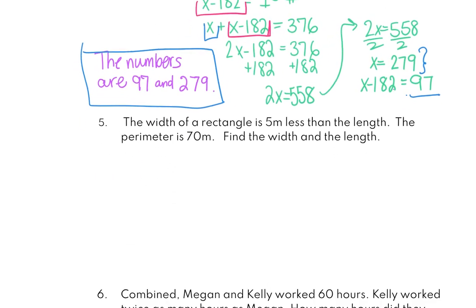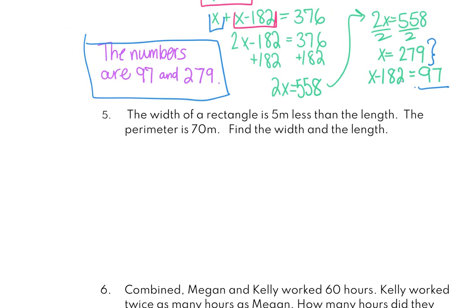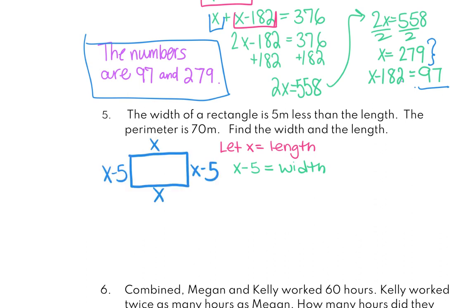Let's try number 5. In this problem with perimeter, the measurement that we know nothing about is the length. So let x equal the length. The width of the rectangle is 5 less than the length, so x minus 5 is going to be the width. It's a good idea with perimeter problems to sketch out what you're looking at.